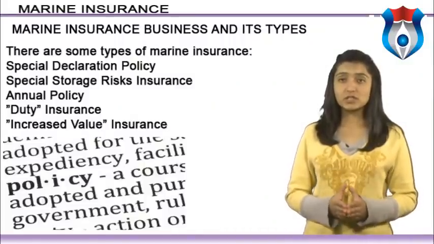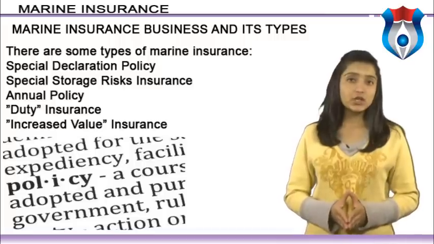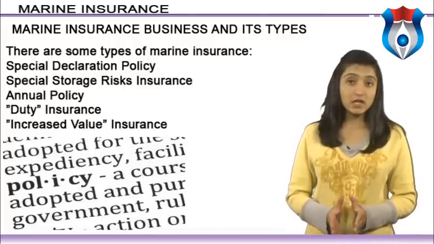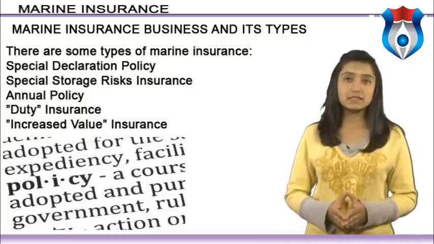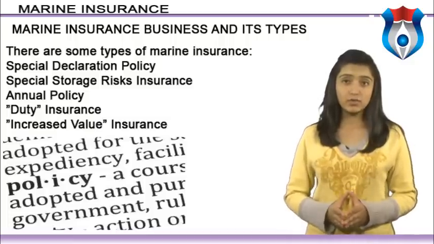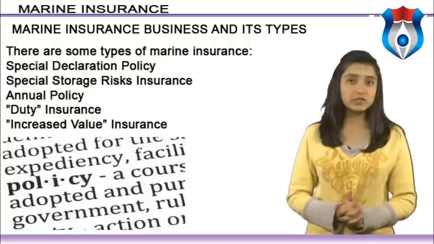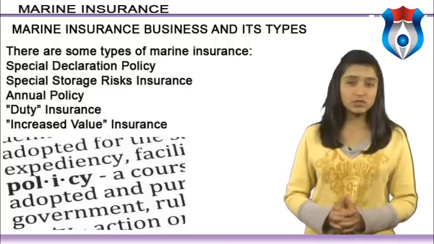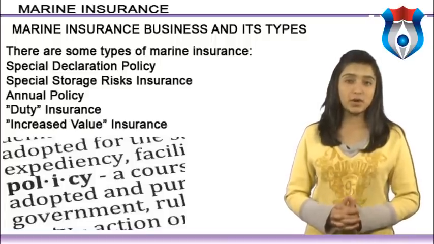A. Special declaration policy. This is a form of floating policy issued to clients whose annual estimated dispatches, that is, turnover by rail, road, inland waterways, exceed INR 2 crore. Declaration of dispatches shall be made at periodical intervals and premium is adjusted on expiry of the policy based on the total declared amount.